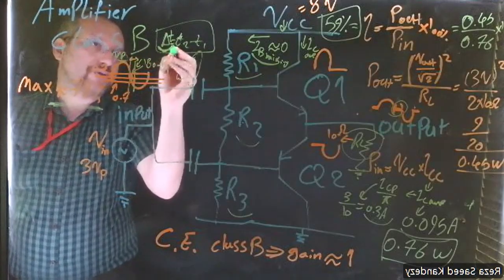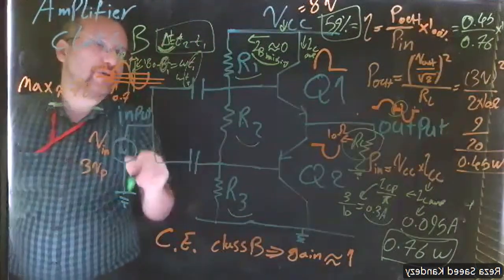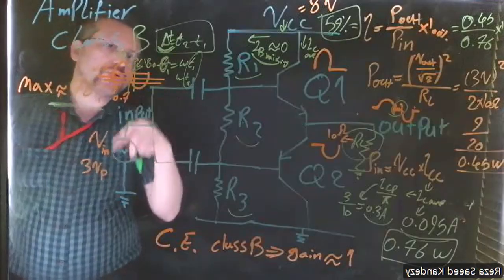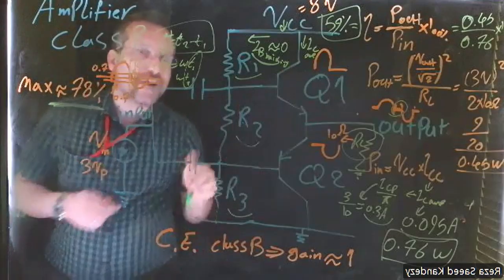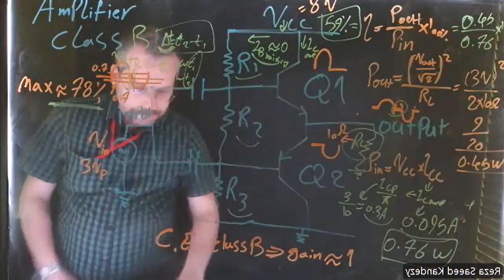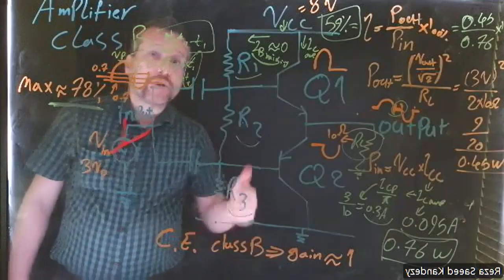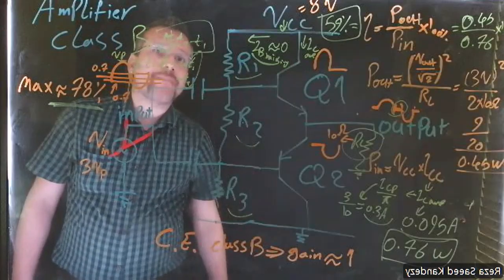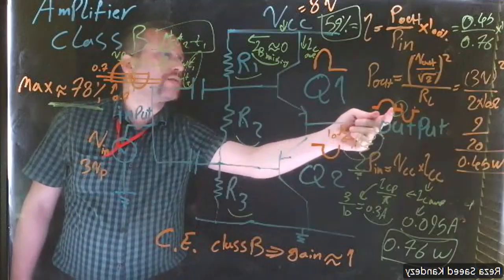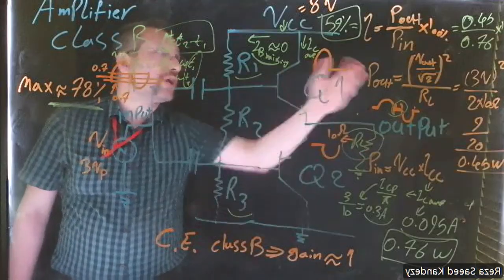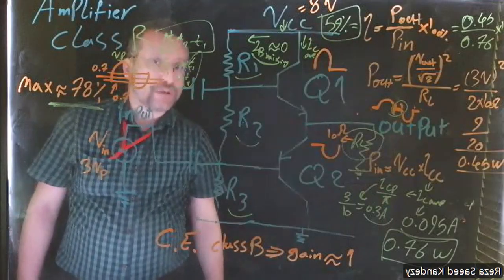Actually, you don't need to calculate that for this assignment. Measure that time interval so you have a sense of how much distortion you would have in your class B circuit. Thank you, and let's go to the lab to see how we can measure that distortion, and if we can actually confirm that our efficiency is as we calculated.